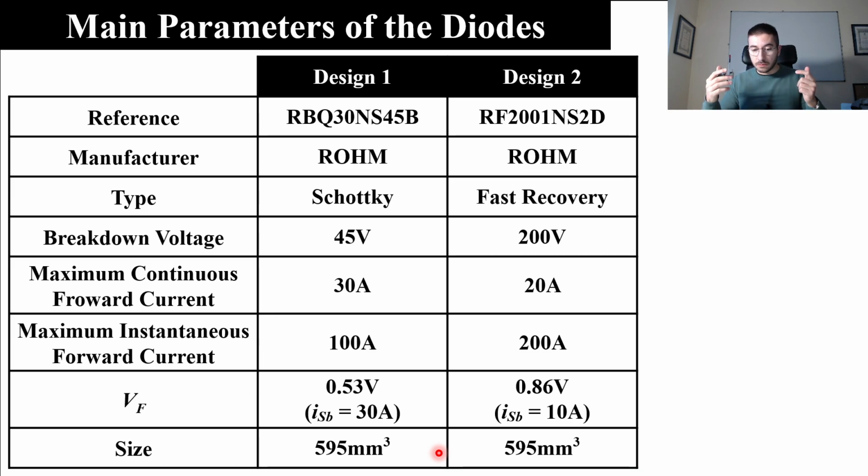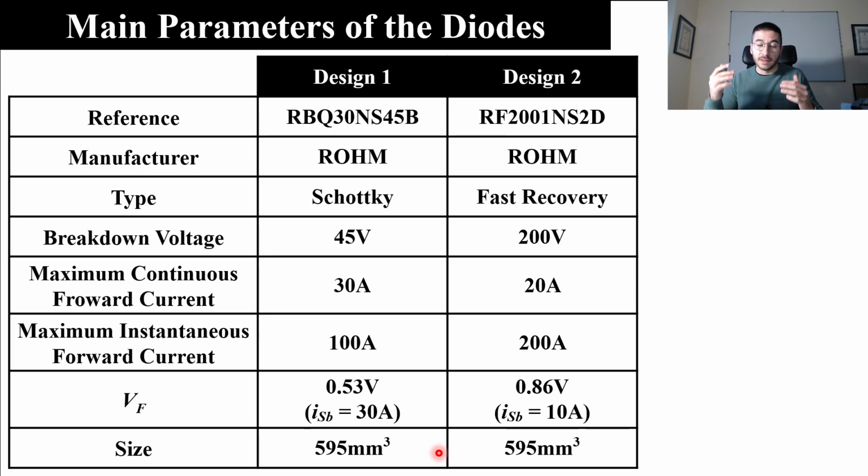As we will see, the reverse recovery process is not as good as in the case of the Schottky diode. So the question is why we have fast recovery diodes, because if the Schottky diode is better in terms of conduction and in terms of switching, why we have fast recovery diodes?